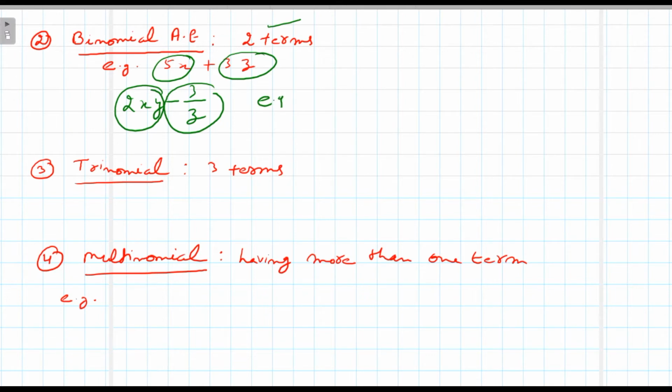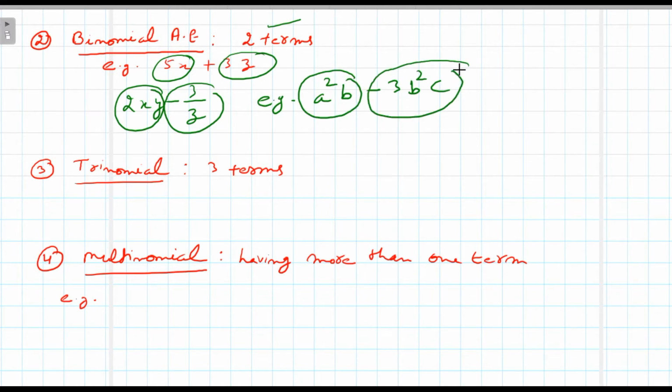If I take another example, suppose A square B minus 3B square C. So it has 2 terms, A square B and minus 3B square C. So in a trinomial algebraic expression we will have 3 terms.